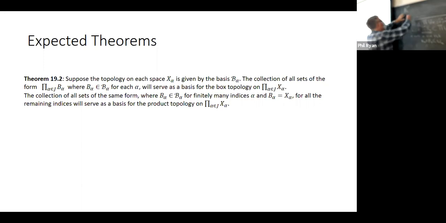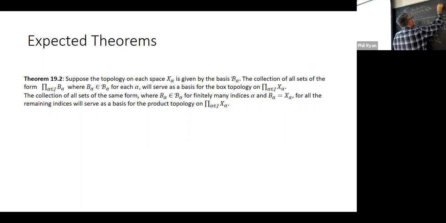So R^n has basis any open prism, so anything like (a1, b1) cross (a2, b2) cross ... (an, bn).